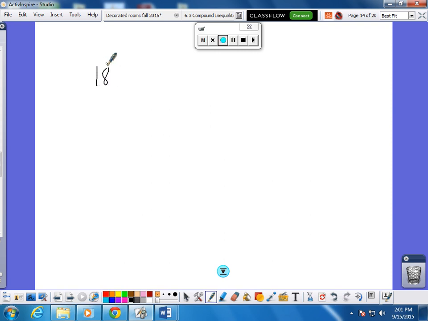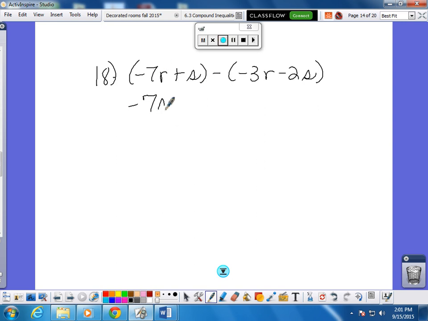All right, number 18. What does this symbol on the outside of parentheses mean? Opposite of. It's on the outside of this one, but not this one. So negative 7r plus s stays the same. And the opposite of a negative 3r is a positive 3r. And the opposite of a negative 2s is a positive 2s.